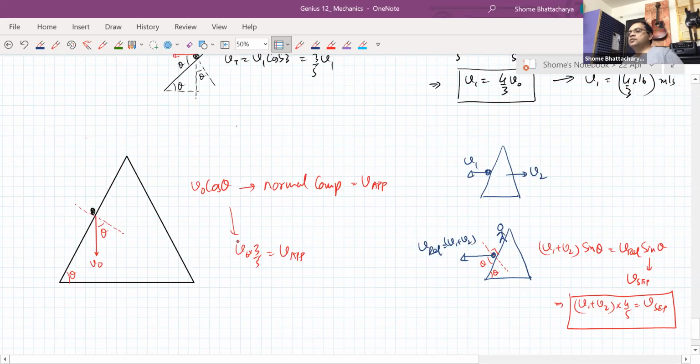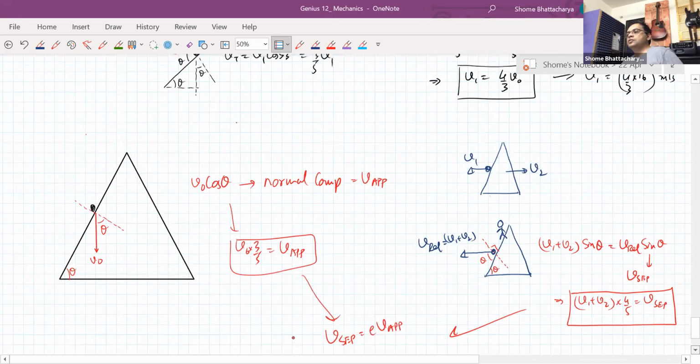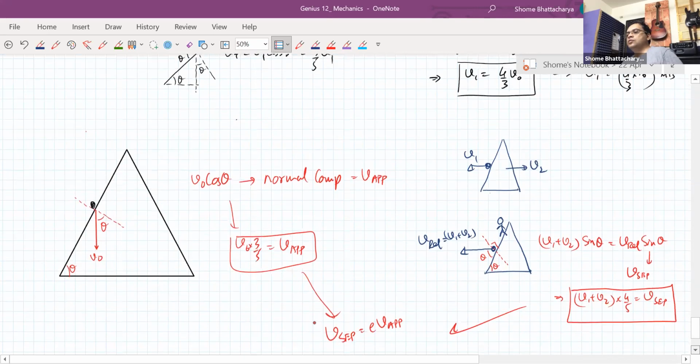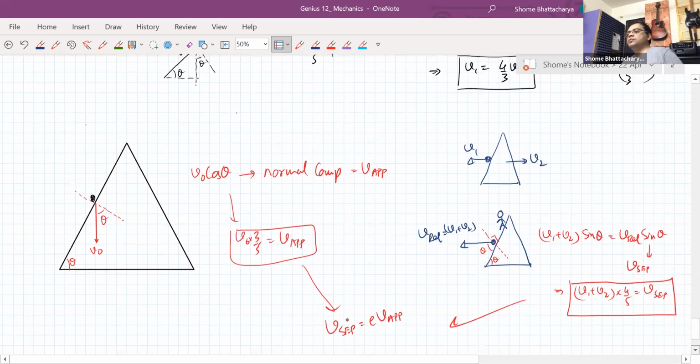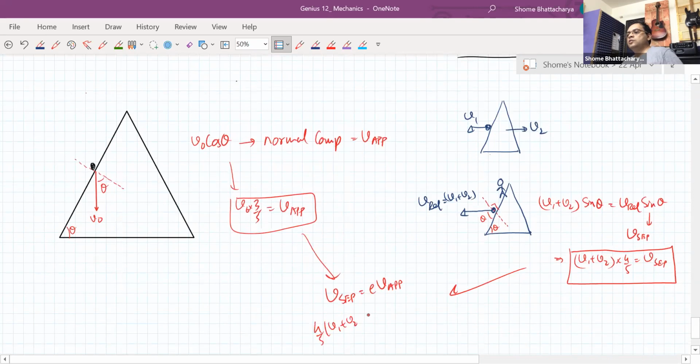So first let's connect these two. V separation should be equal to e times V approach. So 4/5 (V1 plus V2) should be equal to 0.6 times 3/5 V0. This is becoming our third equation.